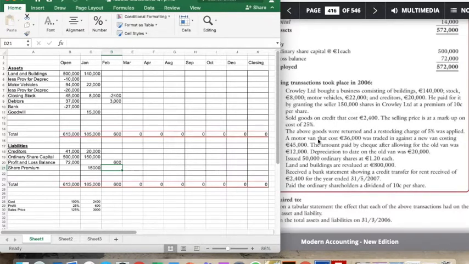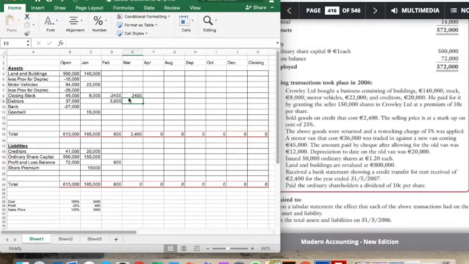The above goods were returned and a restocking charge of 5% was applied. That means we now have those goods back in stock, so 2.4 is added back on, so it's a plus. Now our debtors, they owe us 3 grand less, but we also have the restocking charge taken into account.